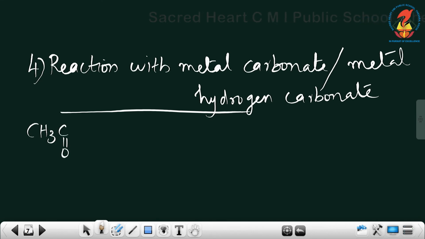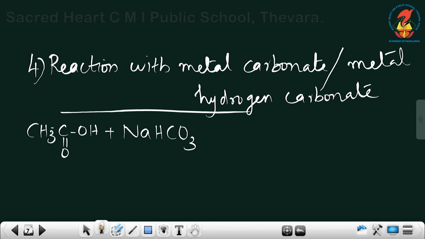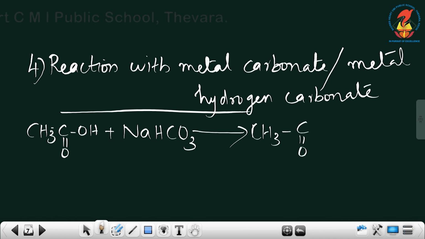So, CH3COOH plus NaHCO3, metal hydrogen carbonate. What you get is CH3COONa, salt, plus CO2 plus H2O. Same salt you are getting, CH3COONa, along with the liberation of carbon dioxide and water.